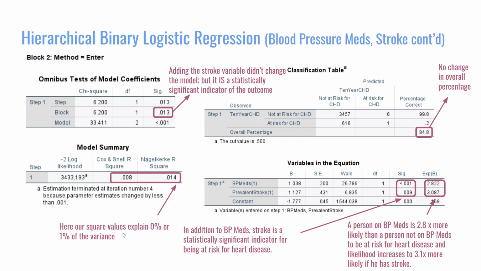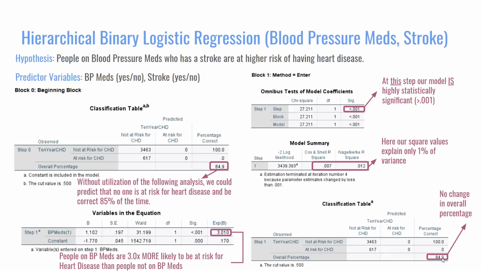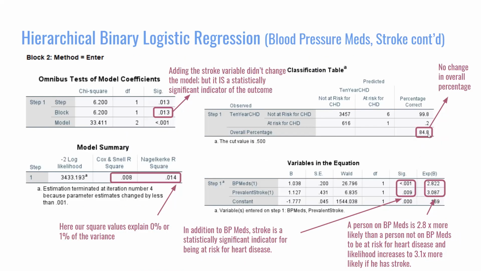The model summary showed that the R square values here were 0% and here it's 1%. So we can just say 1% of variance. And then this percentage also didn't change that much. It just changed a little bit, right? So sorry. Yeah, it was 84.9 and it changed to 84.8.